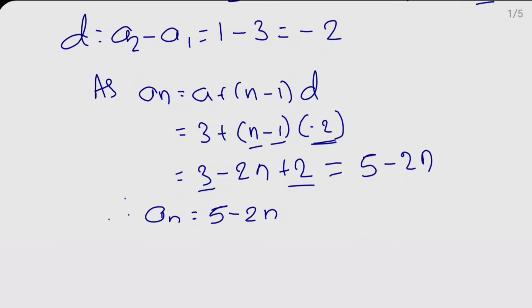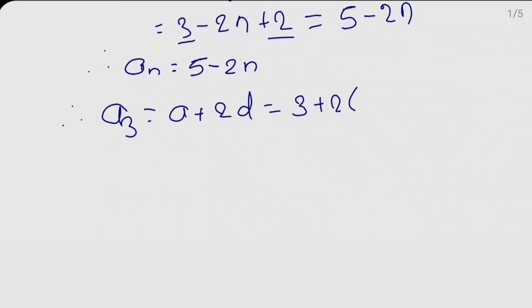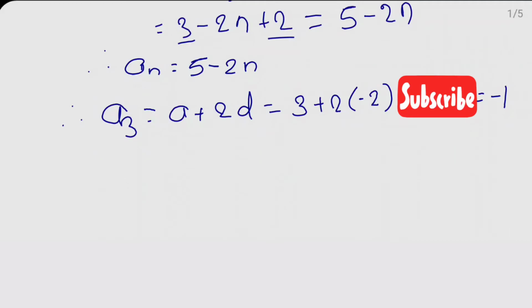Is it clear? So now find out third term. Therefore A3 equal to a plus 2d, right? So here a is 3 plus 2 into d is minus 2. So a3 is minus 1, and they asked a10.